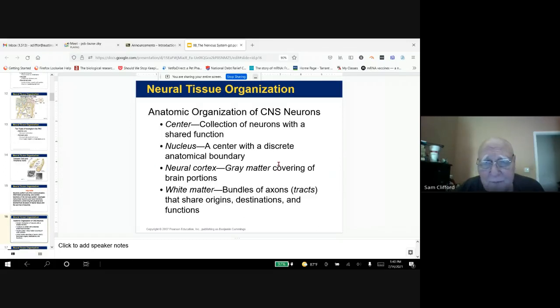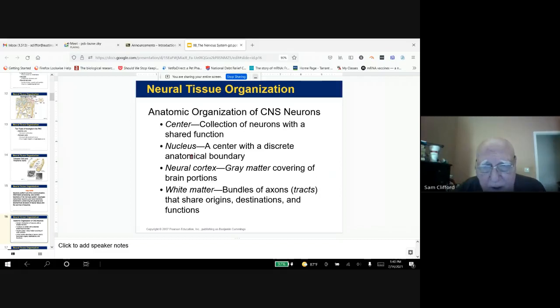Okay, so we have the organization of the central nervous system. We have a collection of neurons that have a shared function. The nucleus is also a center with a discrete anatomical boundary.